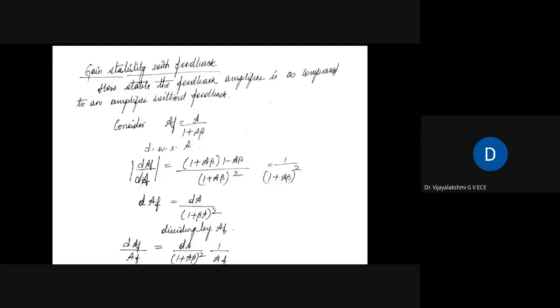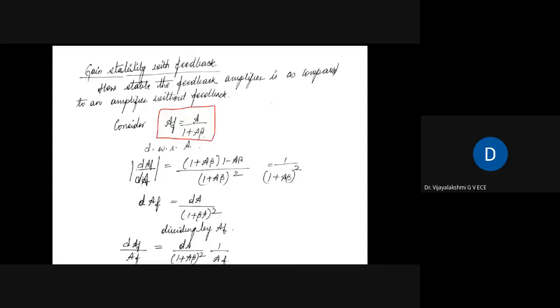So how are you going to prove that? To prove that, let us consider the relationship between AF and A. AF is equal to A divided by 1 plus A beta. You all know AF is the gain with feedback, A is the gain without feedback, and beta is the feedback element.